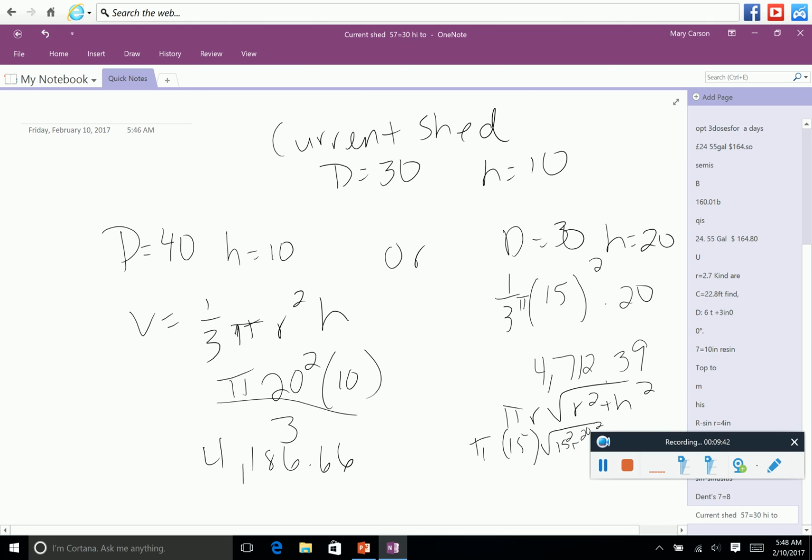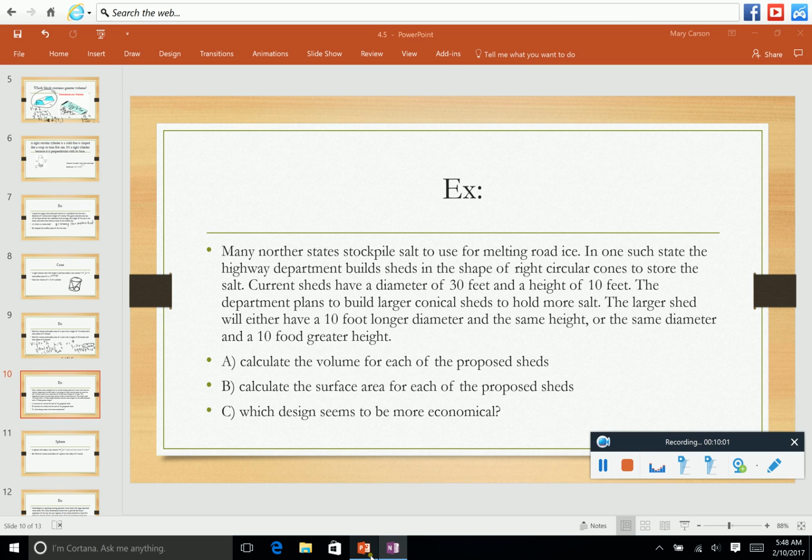And when you do that, you'll get 1,178.10. And if you guys calculate this one as well, you'll end up with 1,404.96. Okay, so that's the surface area.